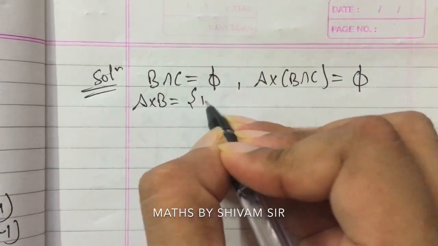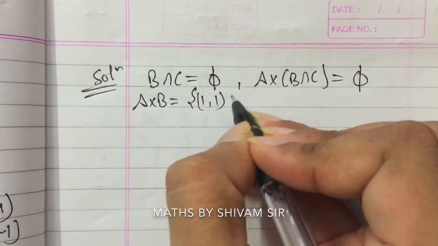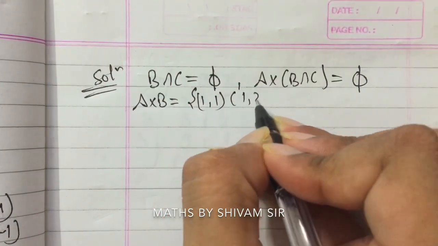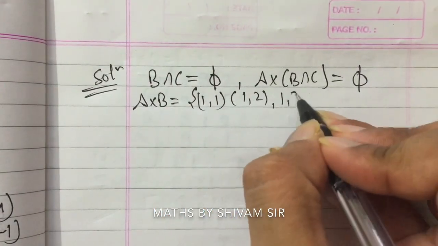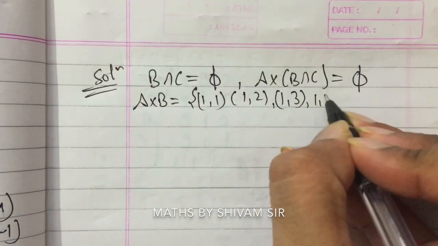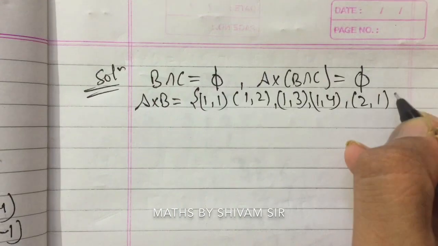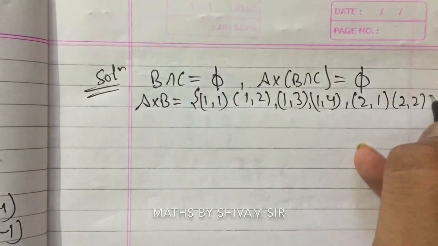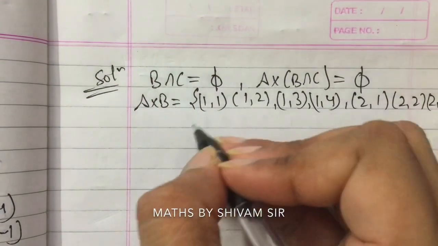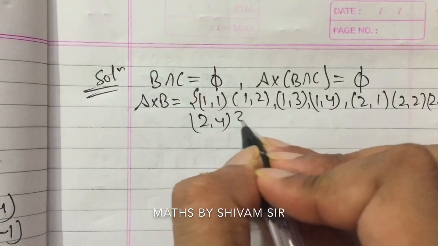Let's write down 1, 1, then 1, 2, then 1, 3, then 1, 4, again 2, 1, 2, 2, 2, 3 and 2, 4, right?